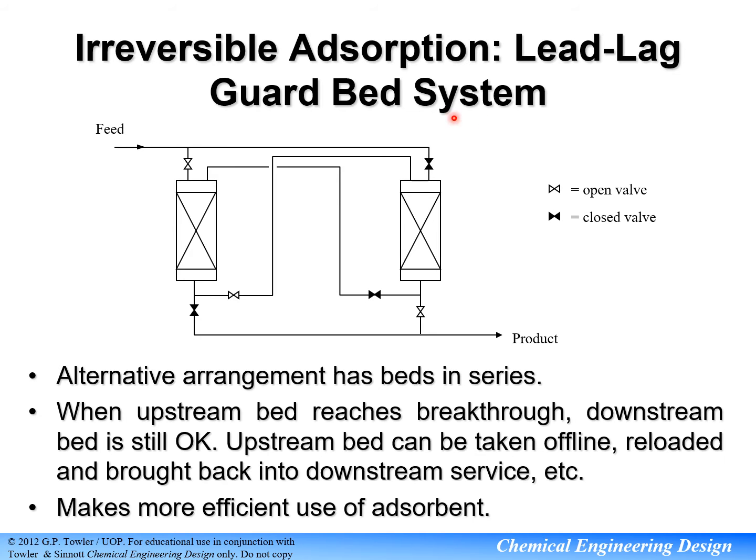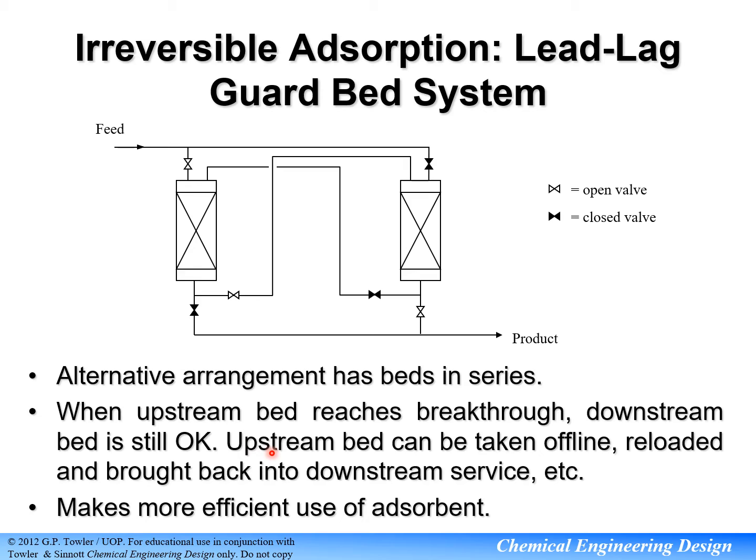Now we move to the other type of irreversible adsorption, which is the lead-lag guard bed system. We can see the figure here. The pipe connections are slightly different compared to the previous one. This is the alternative arrangement, and it is in series. When the upstream bed reaches breakthrough, the downstream bed is still okay.